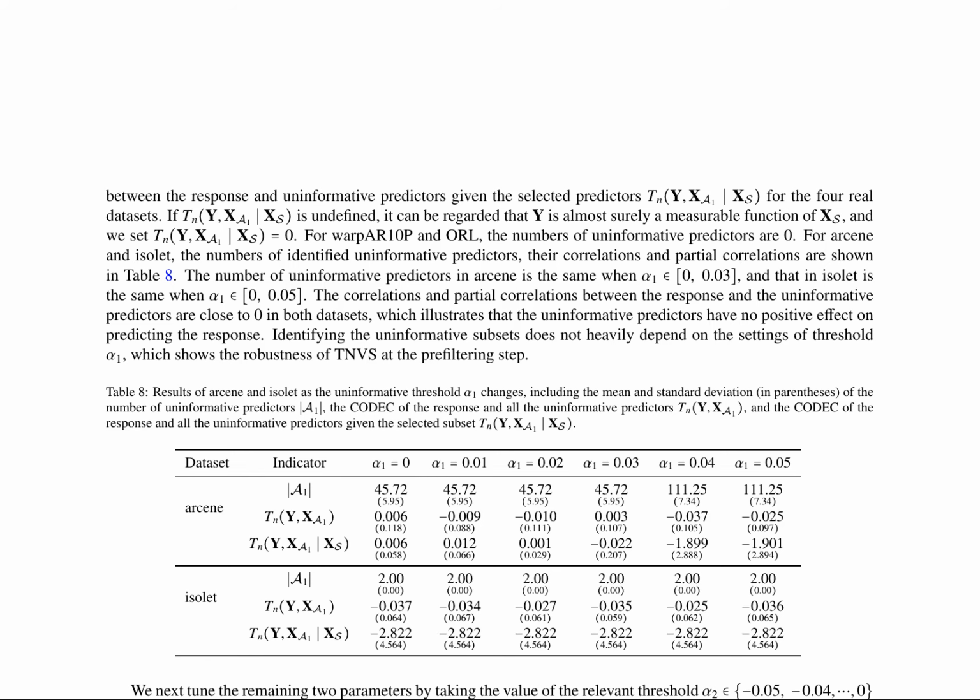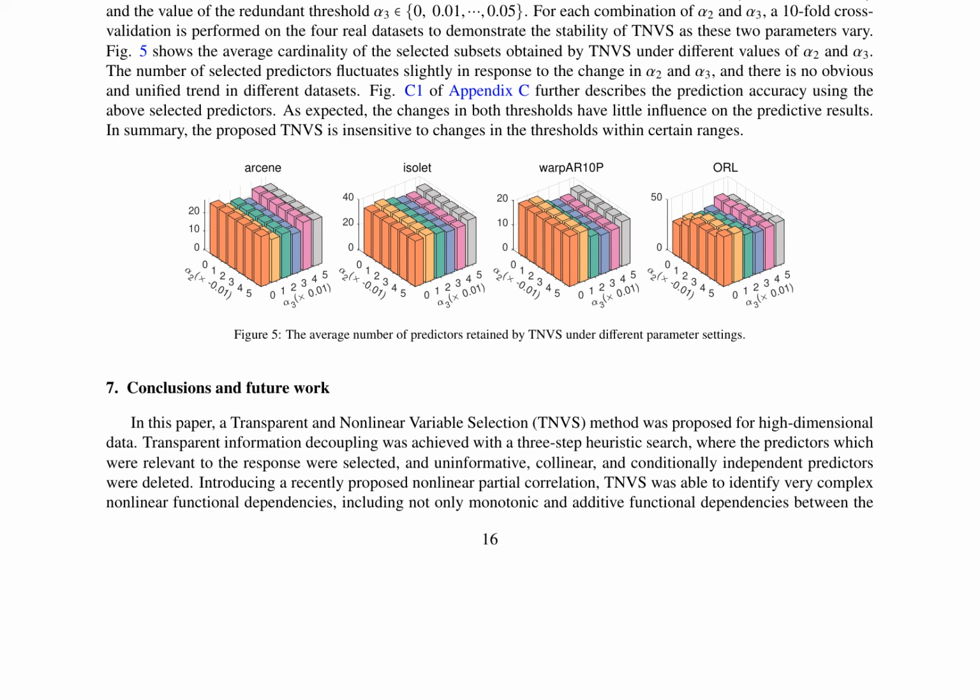The TNVS method's nonlinear partial correlation is a key innovation, allowing it to capture intricate relationships between variables that traditional methods may miss. By iteratively refining the set of predictors, TNVS provides a transparent and efficient means of identifying the most informative variables in high-dimensional data. This approach is particularly valuable in domains where data dimensionality poses significant challenges, such as genomics, finance, and climate modeling.